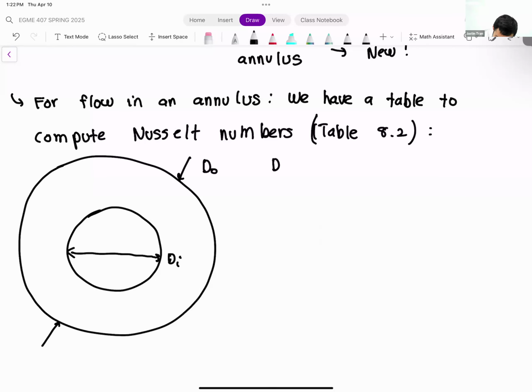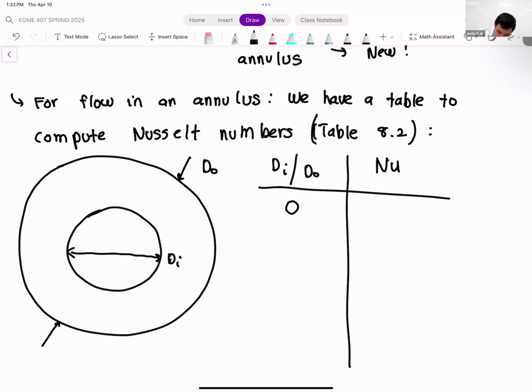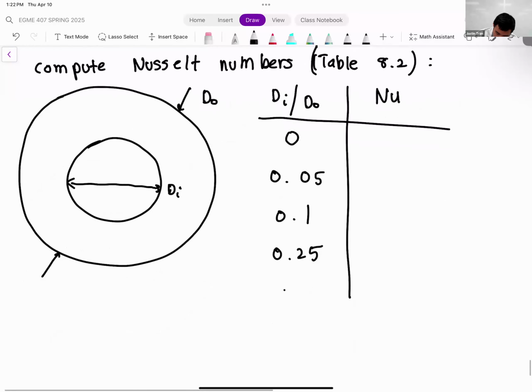If we take this ratio, Di over Do, depending on the value of that ratio, we get the following Nusselt numbers. Okay. So this table looks like the following. So Di over Do, we have the values 0, 0.05, 0.1, 0.25, 0.5, and 1.0. Okay.